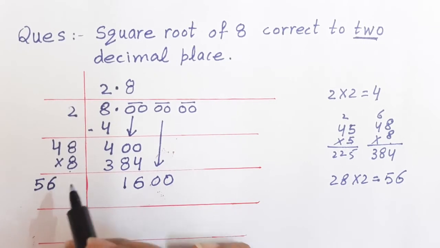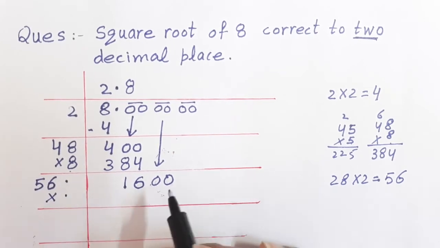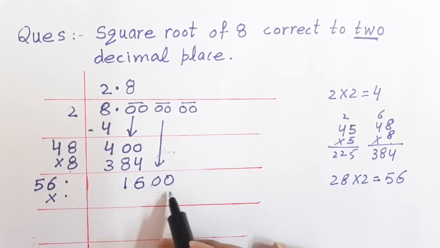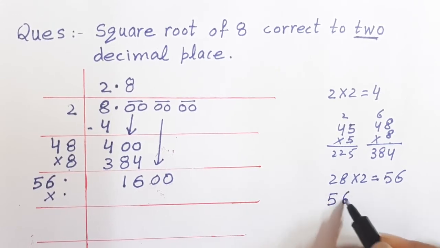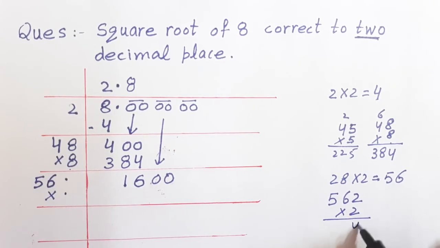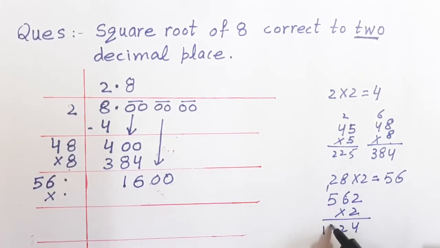Now, again, I am going to choose a number here so that I multiply with the same number and I come closer to 1600. Let's try with 2. 56, then we'll take 2 as a new number. So 2 2s are 4, 6 2s are 12, 5 2s are 10 and 1 is 11.